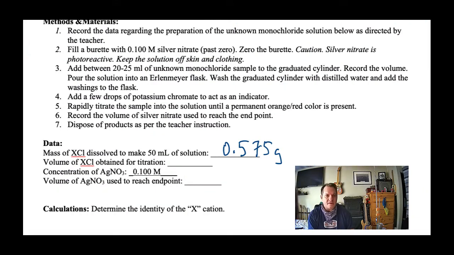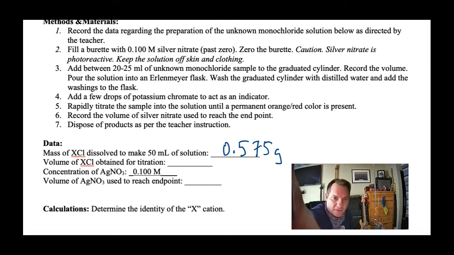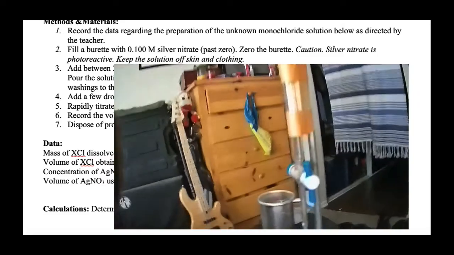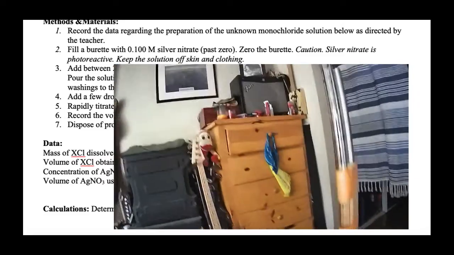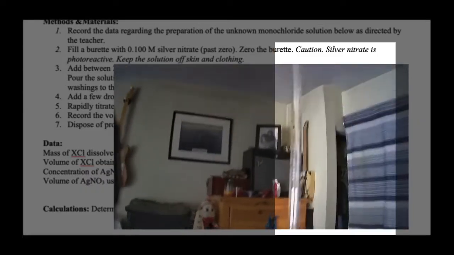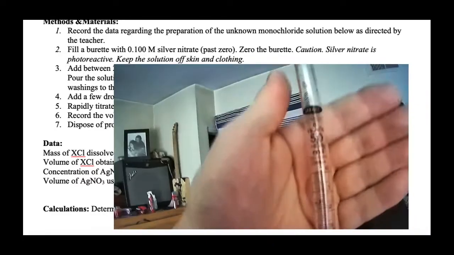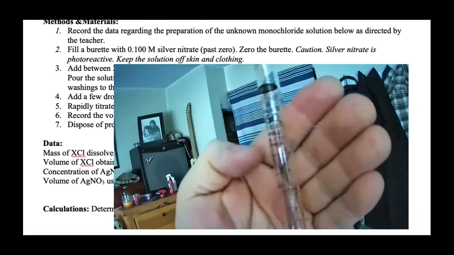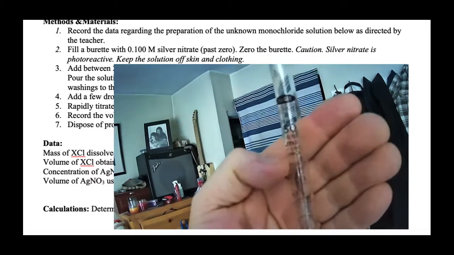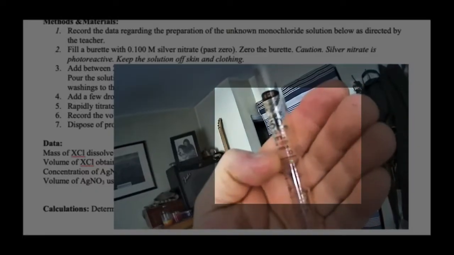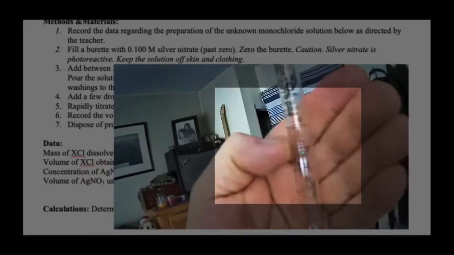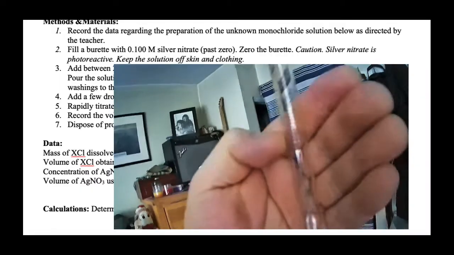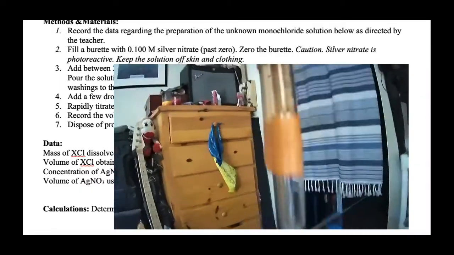So what we're going to do is go ahead and load our burette. Now this guy is the burette, this tall, skinny tube. You'll notice at the very, very top, it's graduated with a 0 where my thumb is. Kind of hard to see on the camera. But then it graduates down 1, 2, 3, 4, etc., all the way down to 50 at the bottom.